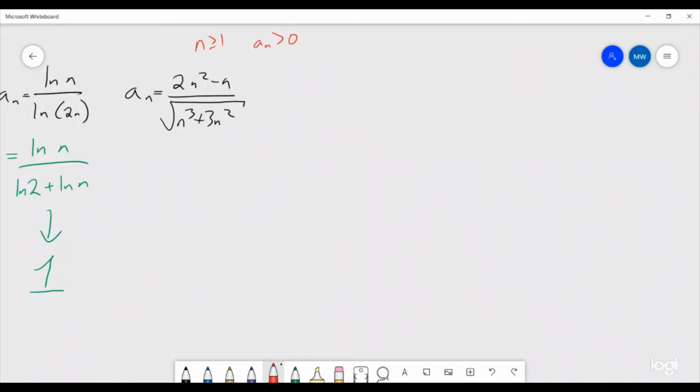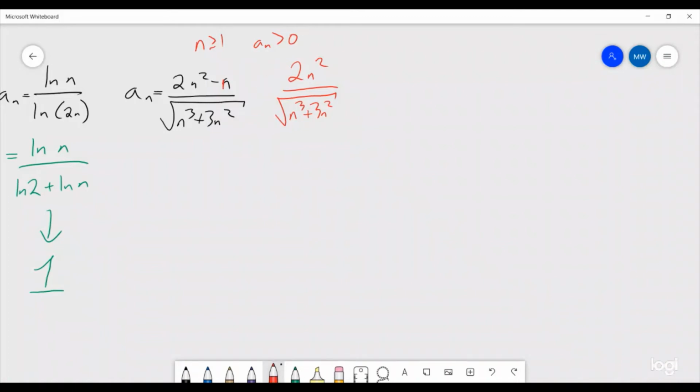So what this means is we can say that this is strictly bigger than, if we decrease the numerator, so 2n squared over the square root of n cubed plus 3n squared. Let's see, so we increase the numerator, whoops, I got this backwards.